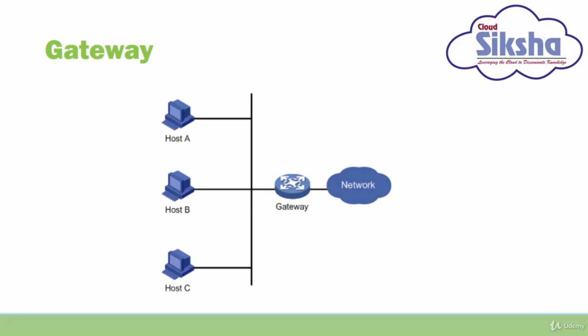The machines on the left side of the screen are all on one network. The network shown on the right side is a totally different network, and through the gateway you are accessing the other network. So these are some of the basic things that you must know about networking when you go ahead to do the important parts like the VPC.